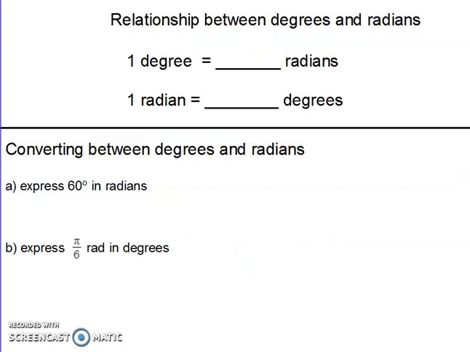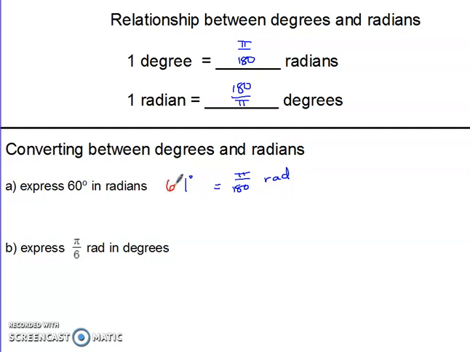Going from radians to degrees, 1 degree is going to be equal to pi over 180 radians. And 1 radian is going to be equal to 180 over pi degrees. So I can now use this conversion factor to go back and forth between degrees and radians. If I know that 1 degree is equal to pi over 180 radians, I can use that relationship to convert 60 degrees into radians.